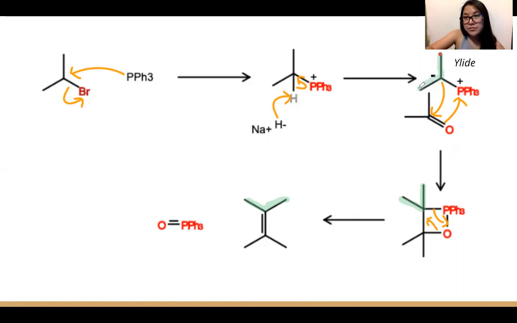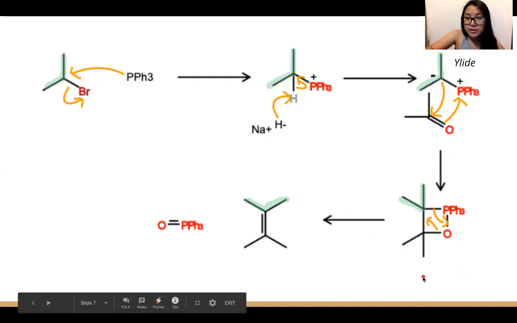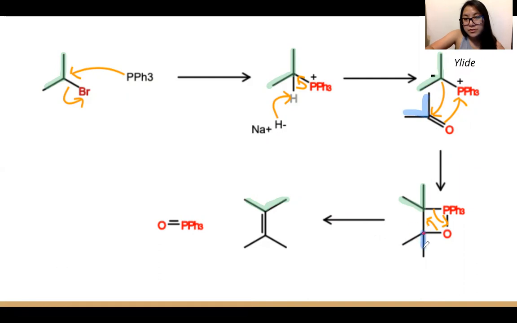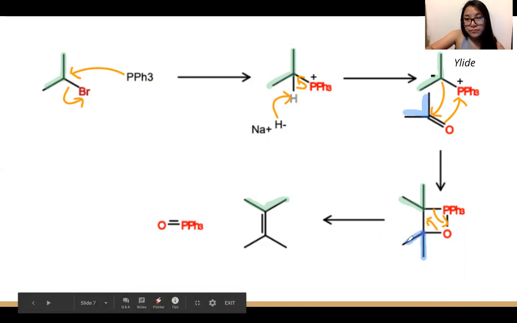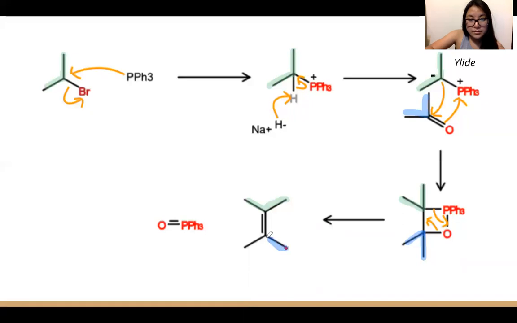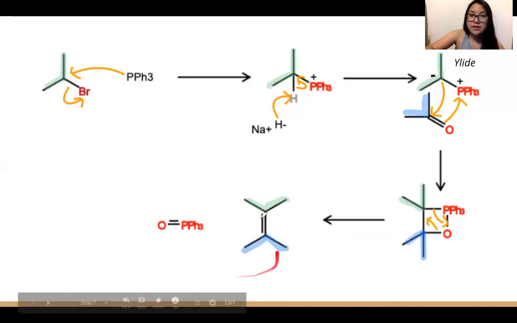So it would be these ones. And then when you react with a carbonyl, let's choose blue, we have these carbons and these carbons. So yeah, this is the alkene you would form.